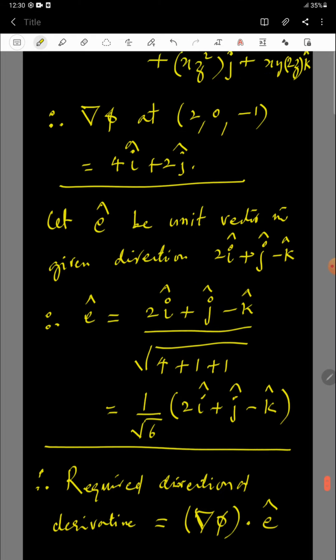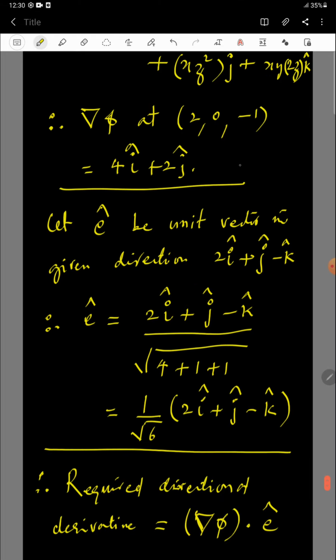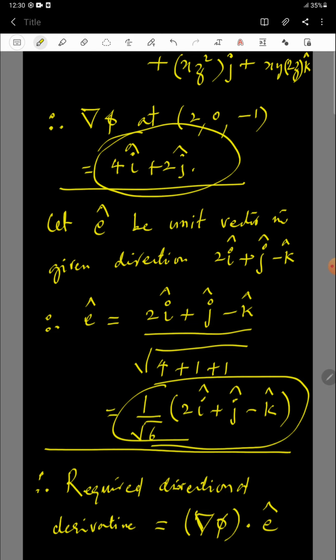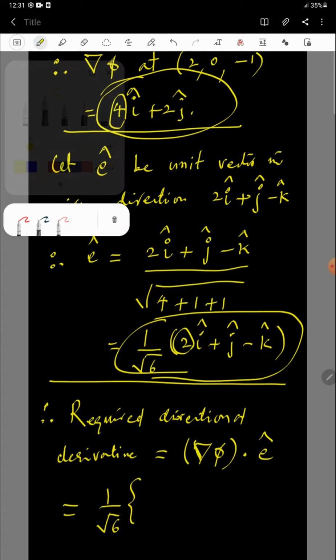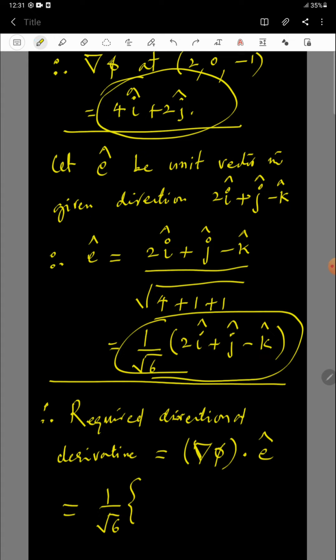Now I want the dot product of this particular 4i plus 2j and this one. So how should I take the dot product? In the basics of this particular unit 4 I said it. However, that's so simple, you can easily get it. That constant 1 by root 6 I am taking outside. Now I will multiply the i coefficient 4 and this i coefficient 2, so 4 into 2.